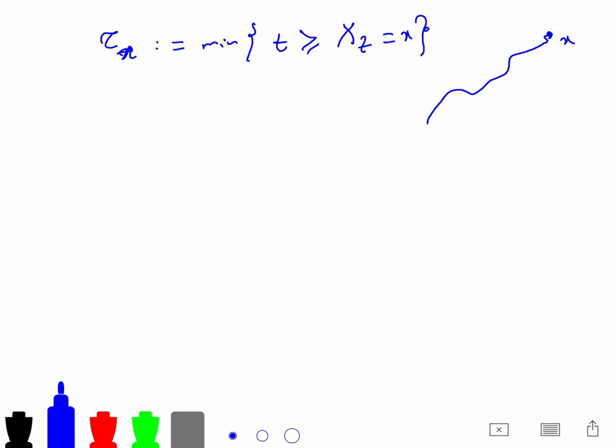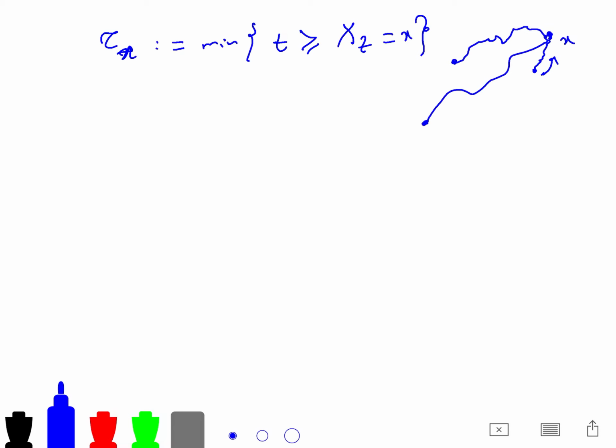It could start from there, it could start from there, the minimum time that goes here. But maybe this is the closest one. So the tau of x for this path could be this. So the minimum time that X_t becomes x. This is the hitting time.